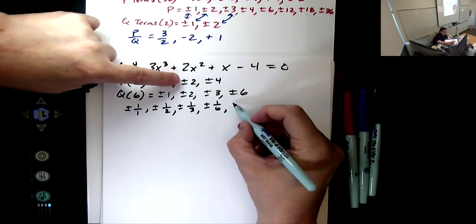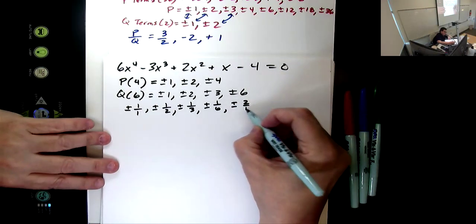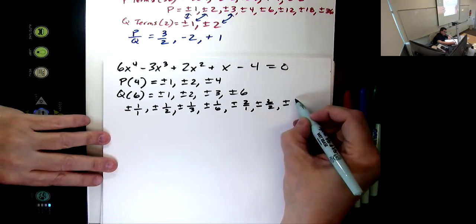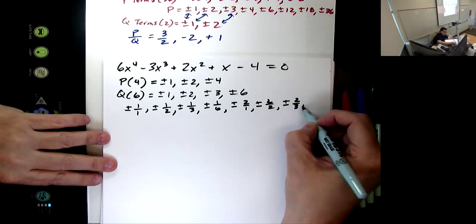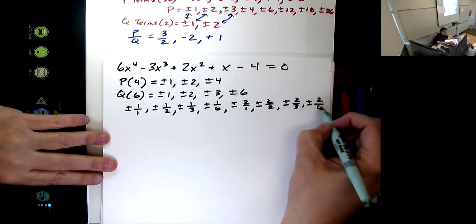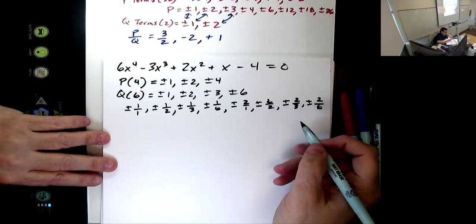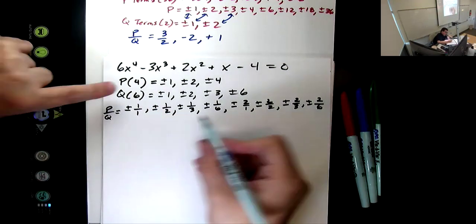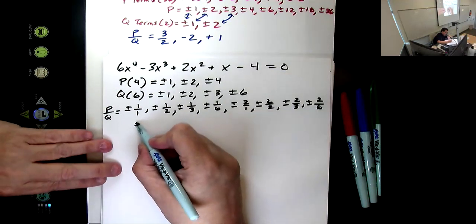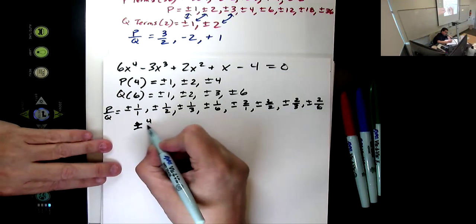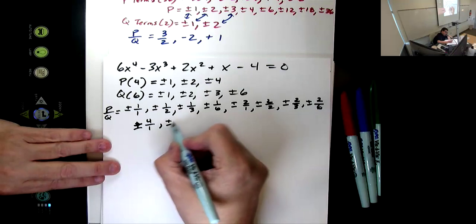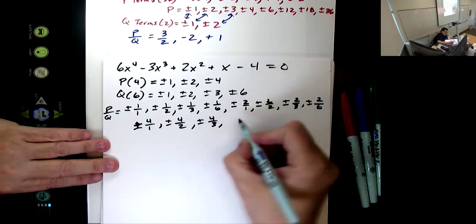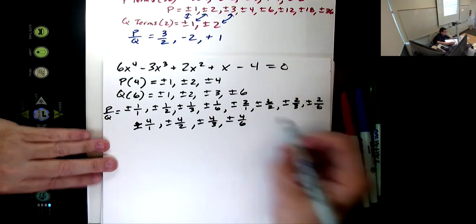Then the 2 over it: plus or minus 2 over 1, plus or minus 2 over 2, plus or minus 2 over 3, plus or minus 2 over 6. These are my P over Q combinations. And finally, the 4: plus or minus 4 over 1, plus or minus 4 over 2, plus or minus 4 over 3, plus or minus 4 over 6.